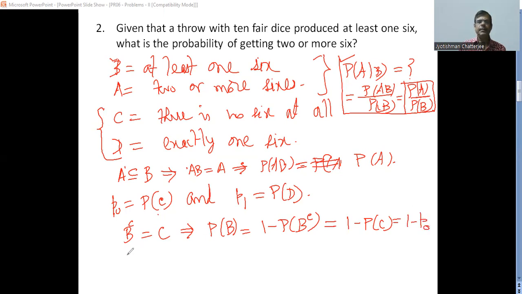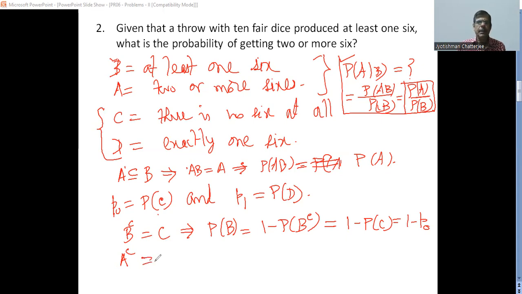And what is A complement? A means 2 or more 6s. So its complement means either there is no 6 or there is exactly one 6.